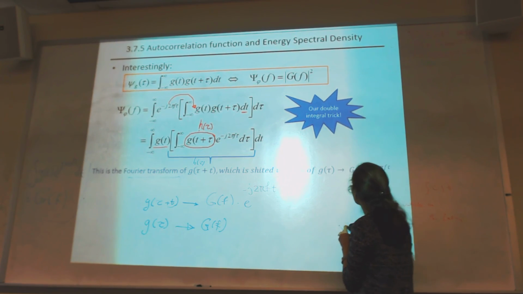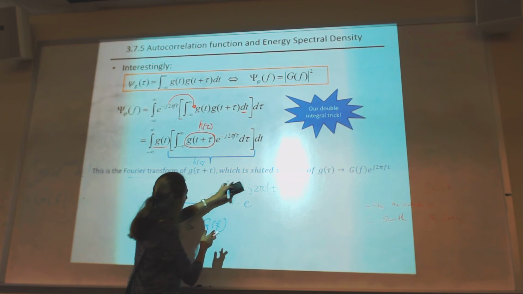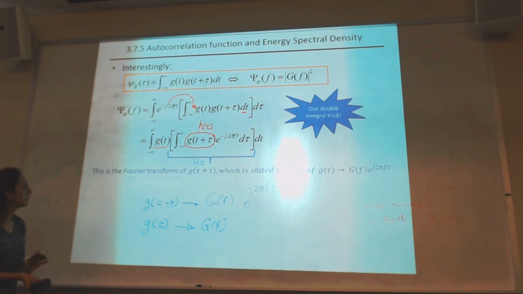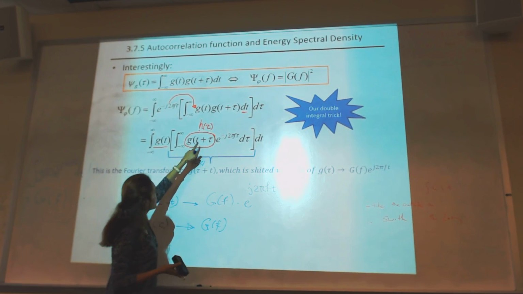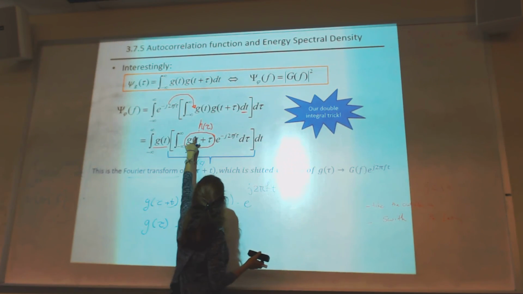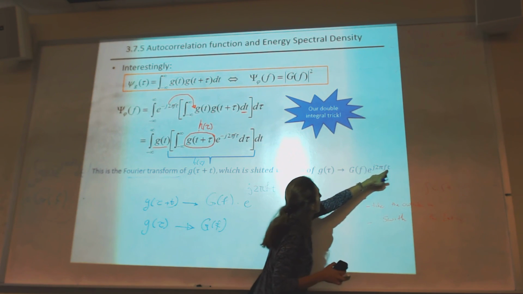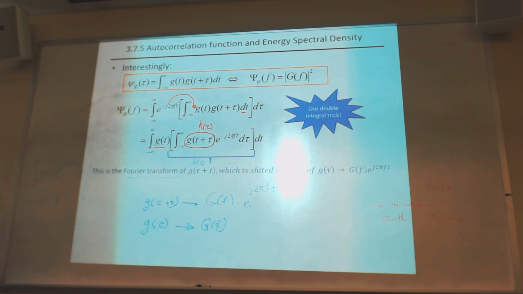Okay, good. So this one is the Fourier transform of this, and then the Fourier transform of that, because the shifted version gives you this.